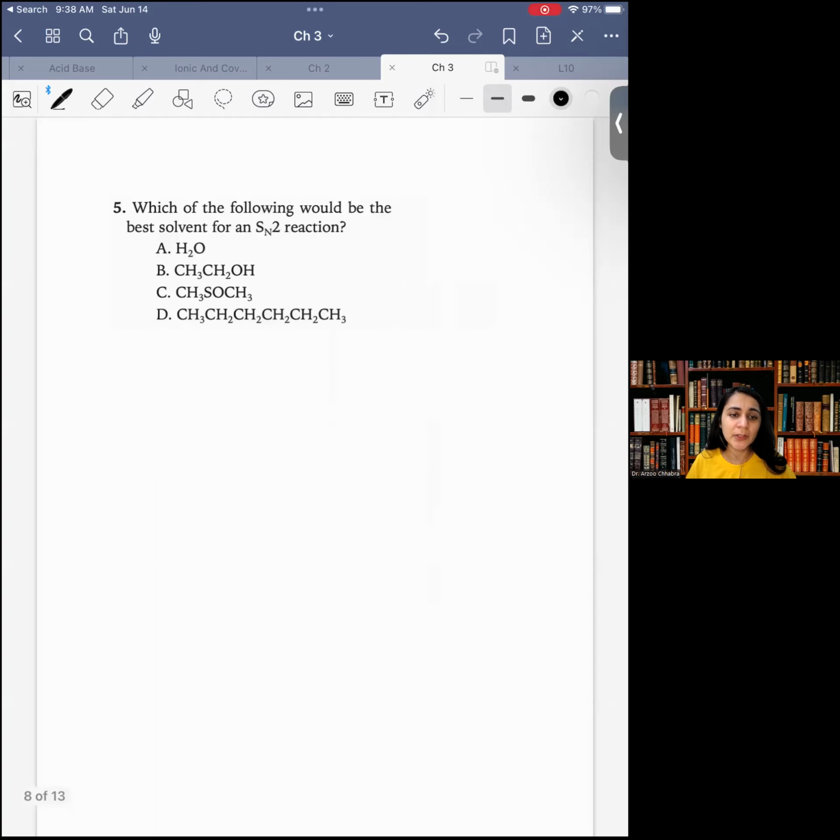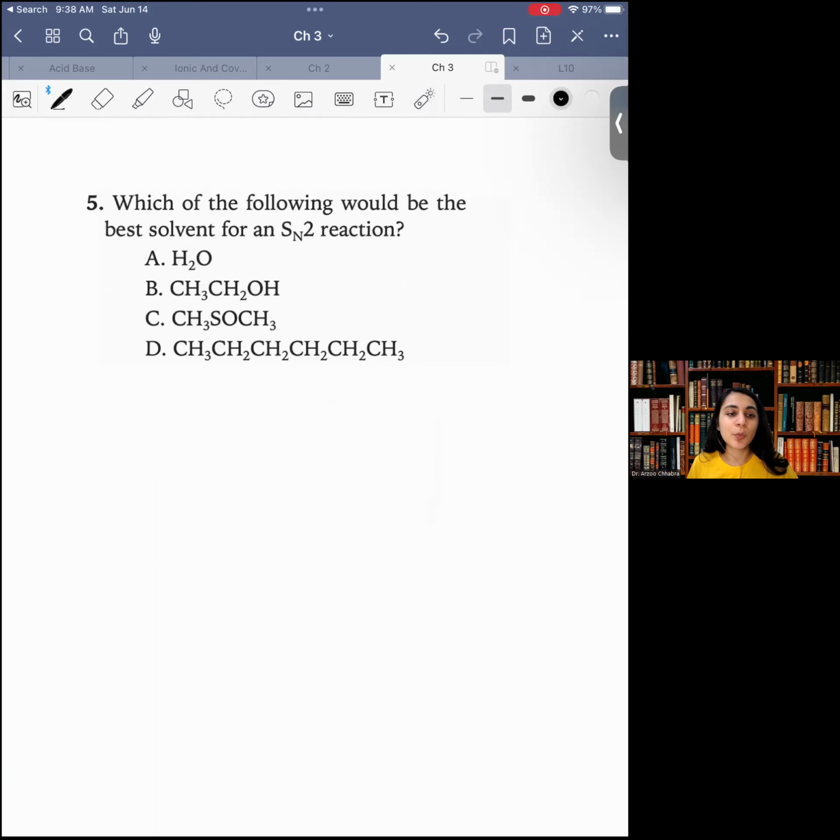Okay, right. Which of the following would be the best solvent for an SN2 reaction? So for the solvent preferences, we know that an SN2 reaction proceeds the best via a polar aprotic solvent, right? But it should be polar.